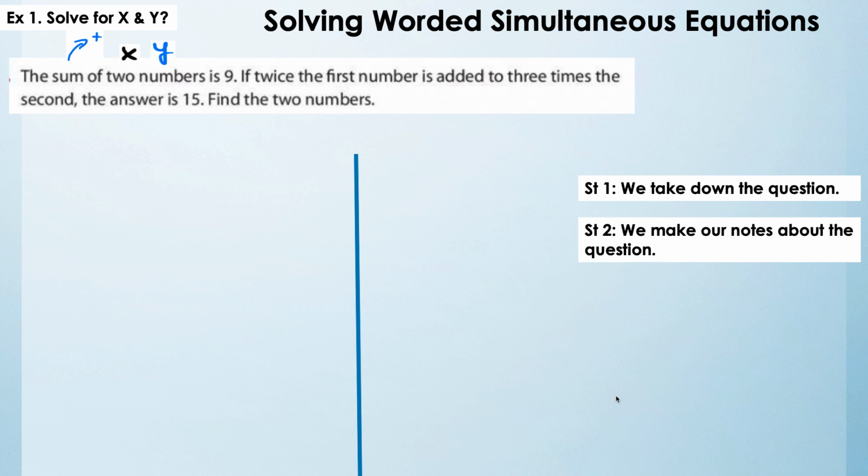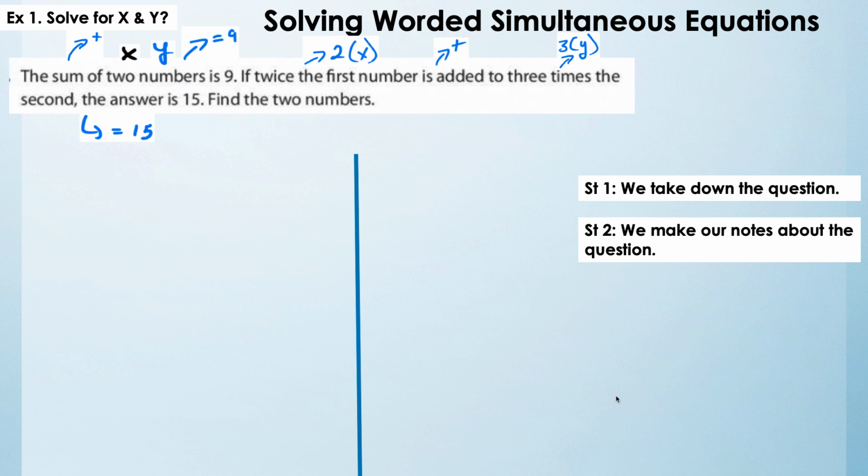So let's look at: the sum of two numbers is 9. So we know when you add x and y, you get 9. Twice the first number, we call the first number x, so 2 times x is added to 3 times the second, 3 times y, and the answer is 15.